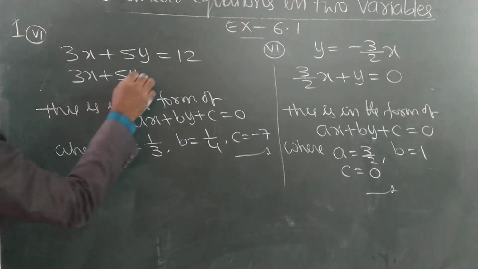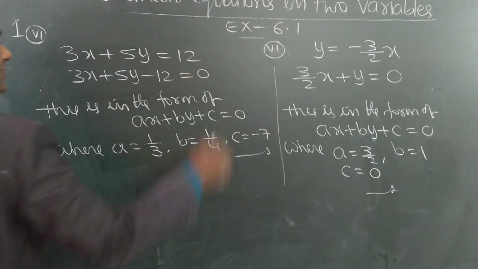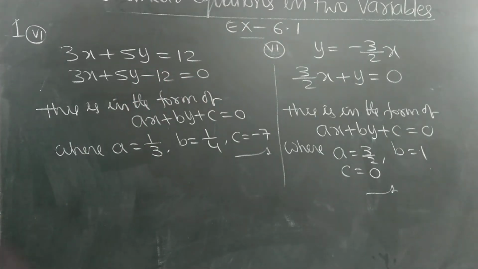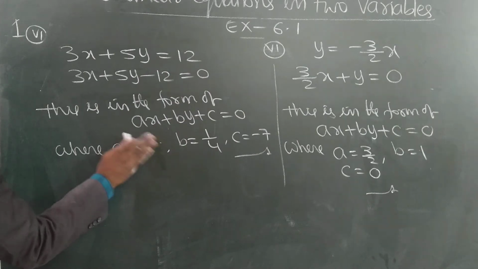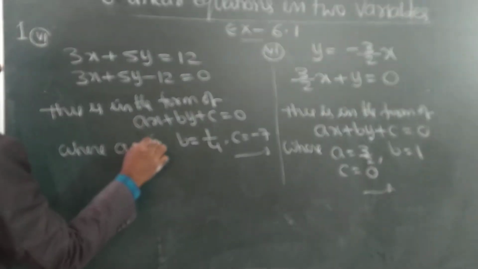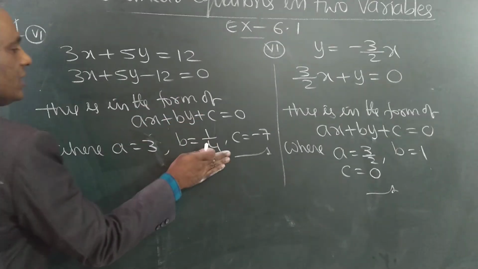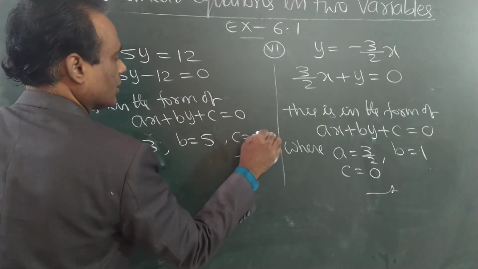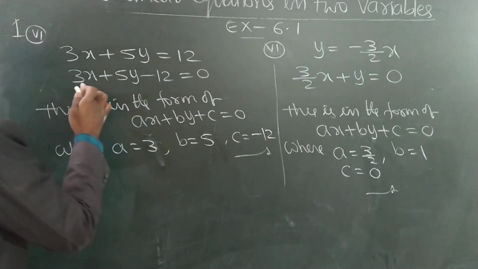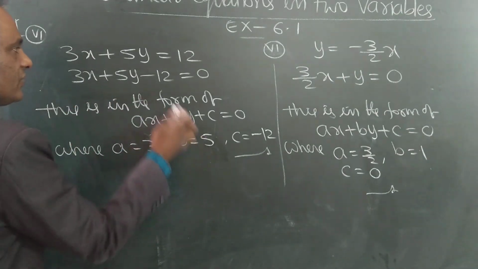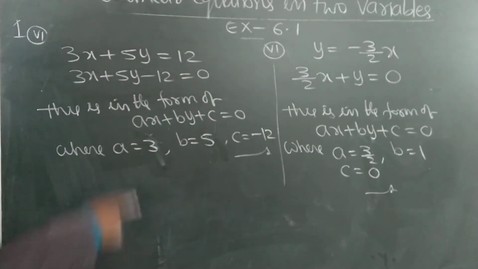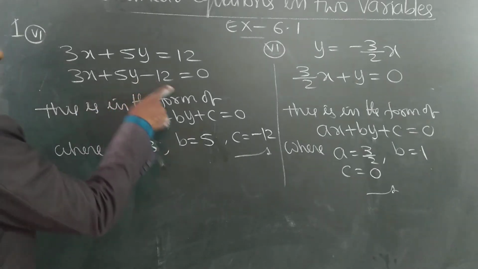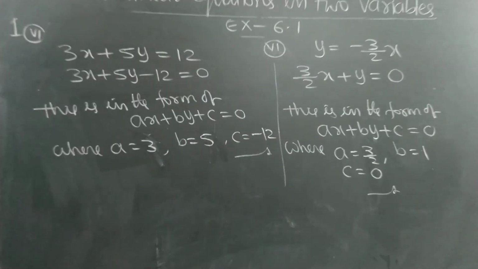Plus 12 on the left side becomes minus 12. A is 3, B is 5, C is minus 12.